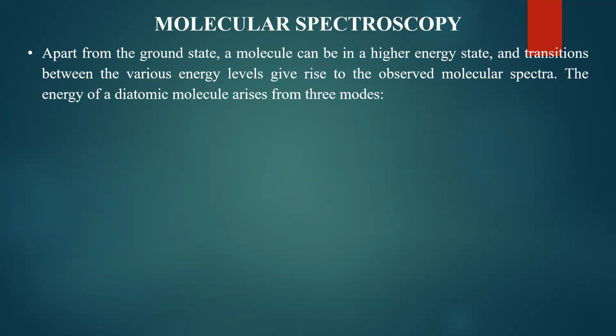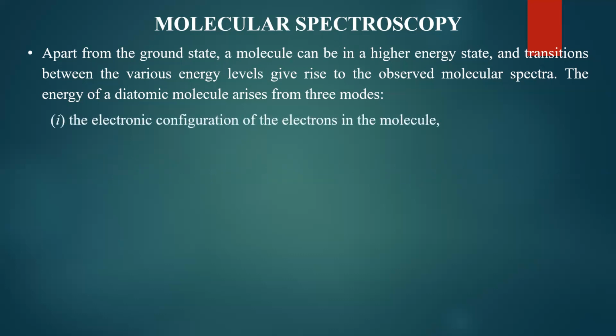The transition of a molecule from a higher energy state to a lower energy state gives rise to emission of radiation, and that leads to the observation of molecular spectra. If you consider a diatomic molecule, its energy consists of three different energy contributions, arising because of three different modes of motion.